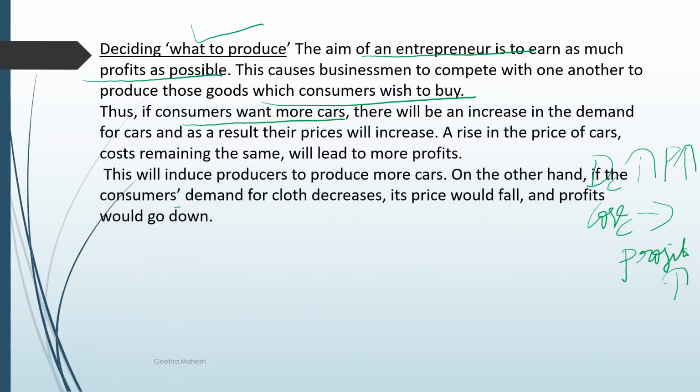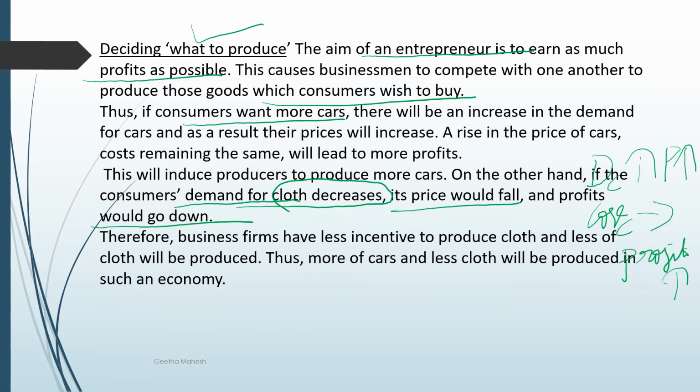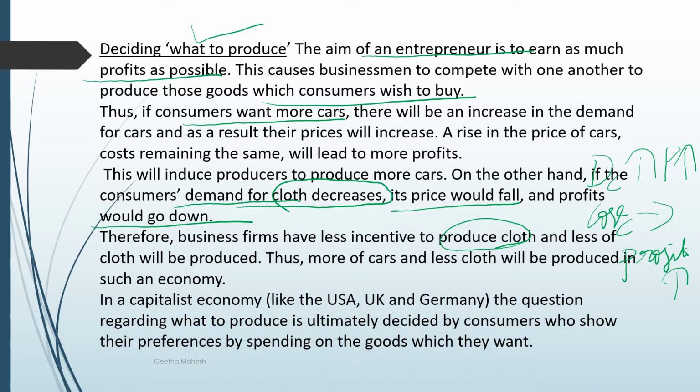If consumer preference for cloth decreases, then the price of cloth will decrease and profits would go down, and the producer is going to produce less cloth and more cars because cars will bring more profit and cloth will bring less profit.